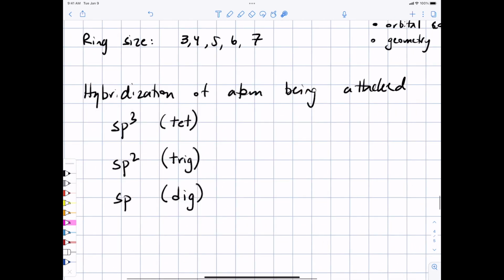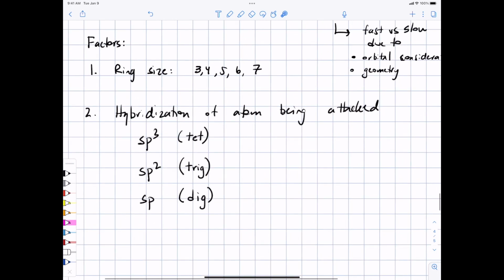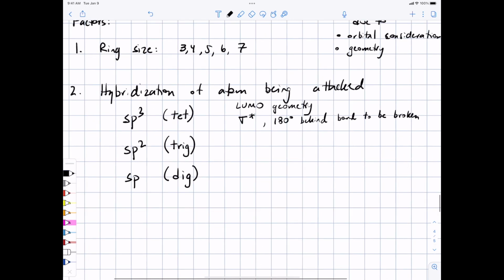So if you think about the hybridization of the atoms that are being attacked, that does influence the LUMO geometry at that atom. For example, if the atom's sp3 hybridized, chances are you're attacking a sigma star, and chances are that's 180 degrees behind the bond that's breaking. So your nucleophile has to be able to get there.